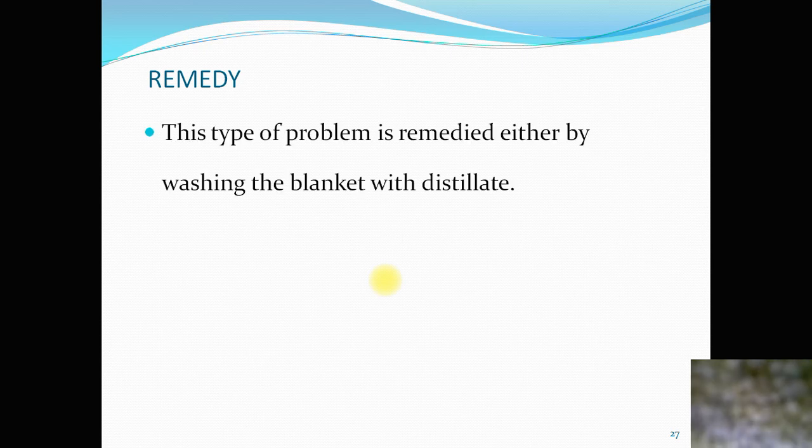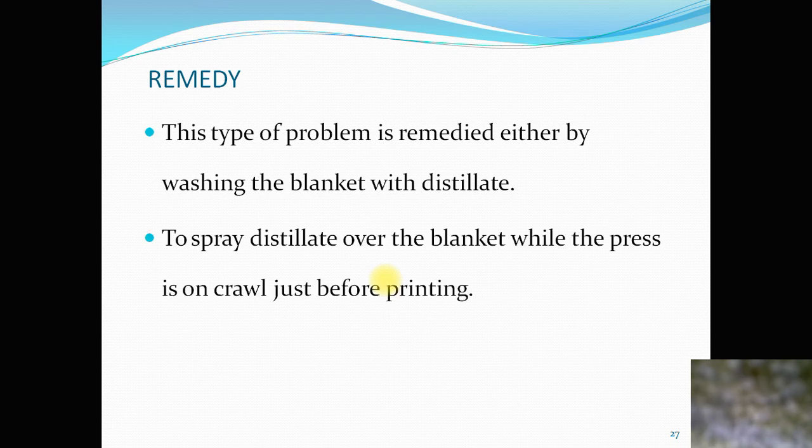What type of remedy? This type of problem is remedied either by washing the blanket with distillate. By washing the blanket with a distillate supplied by the ink manufacturer, we can easily get rid of this problem. Or we can spray distillate over the blanket while the press is on crawl just before printing.